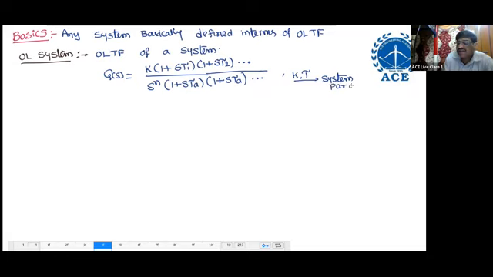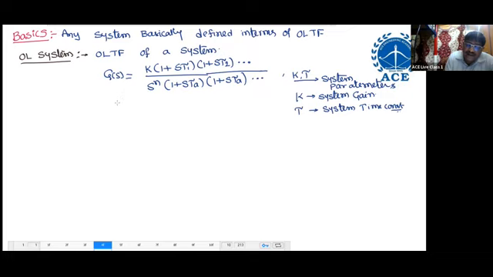K is known as the system gain, and tau is the system time constant. N, in S power N, represents the type. It is a Type N system.